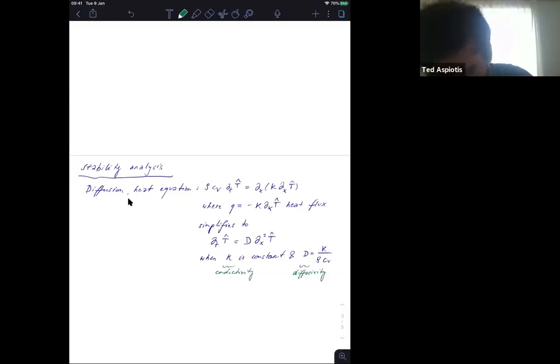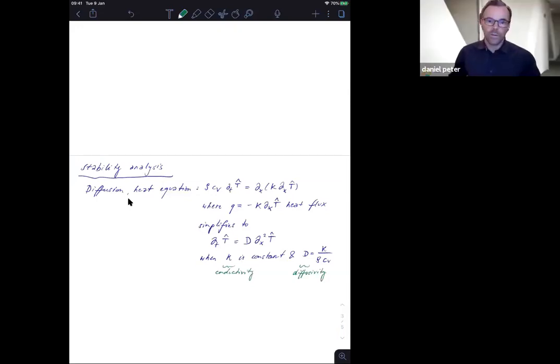So for a homogeneous medium, the diffusion equation or heat equation is now very simple. The first order time derivative is equal to this constant times the second order spatial derivative of the temperature field. That describes heat diffusion.